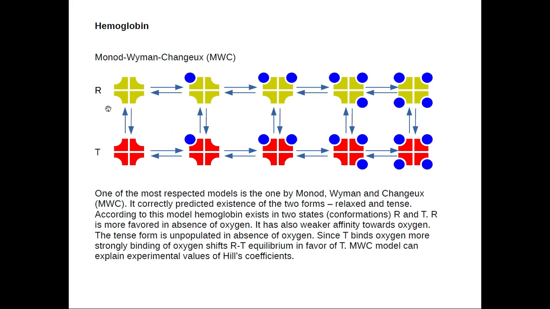But if you increase the concentration of oxygen, you shift the equilibrium towards the relaxed state, and the affinity is increased. This model has helped to explain how hemoglobin works. It works for Hill's coefficients which are not equal to the number of binding sites, so it can work for Hill's coefficient between 2 and 3, which is found in hemoglobin.